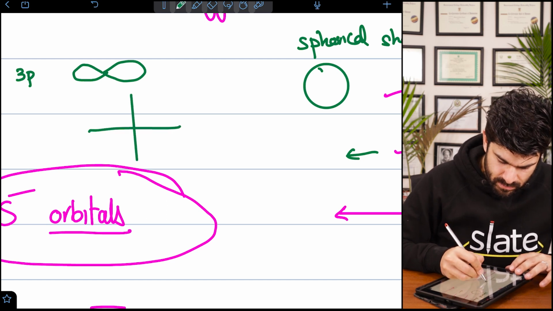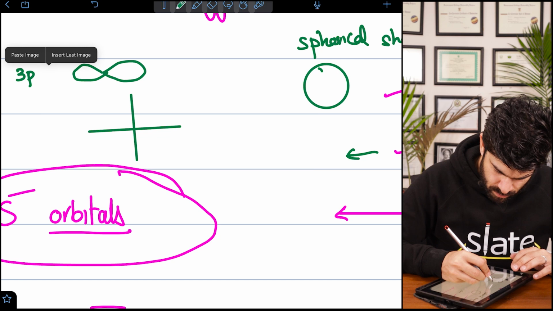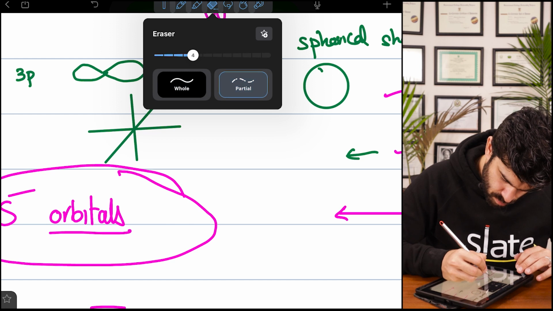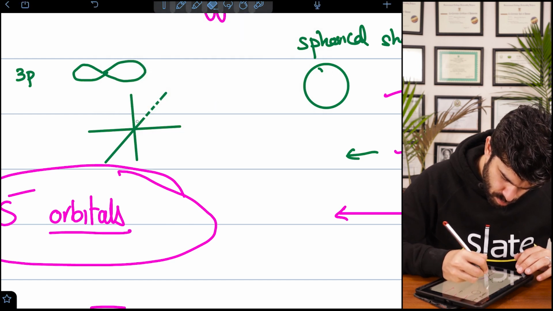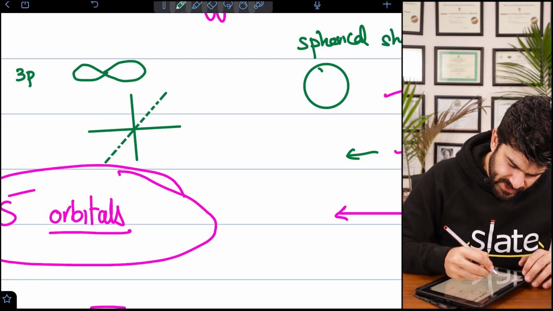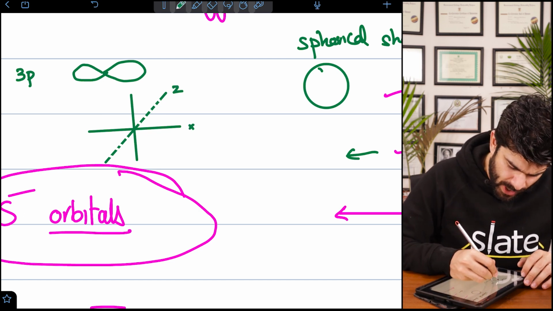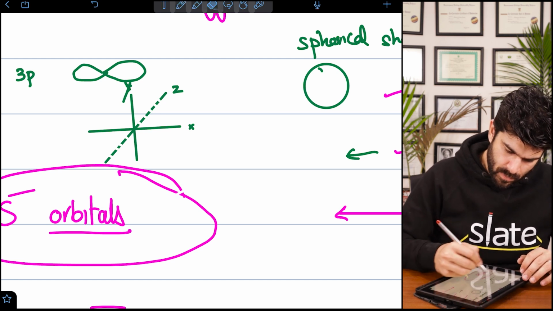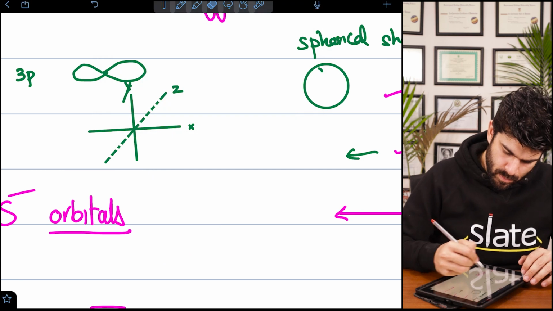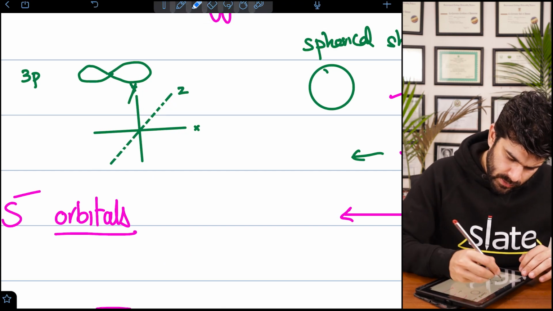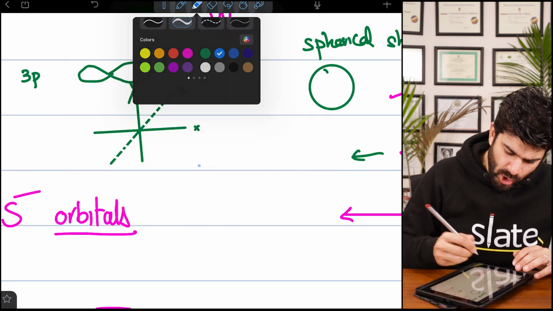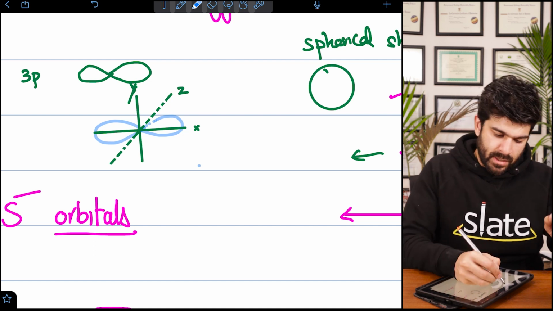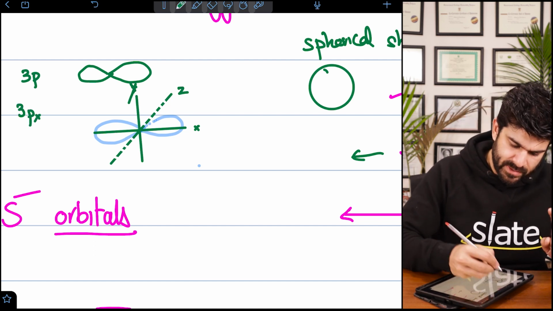Depending on the axis, if this can be called a z axis, x and y, if I make the orbital here on x-axis, that was 3px.